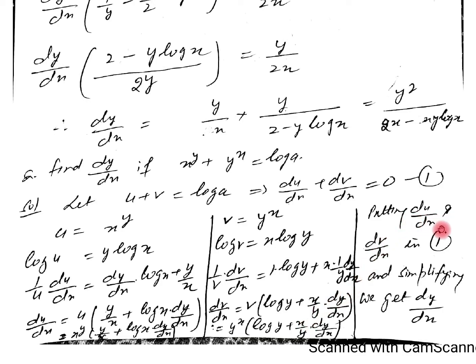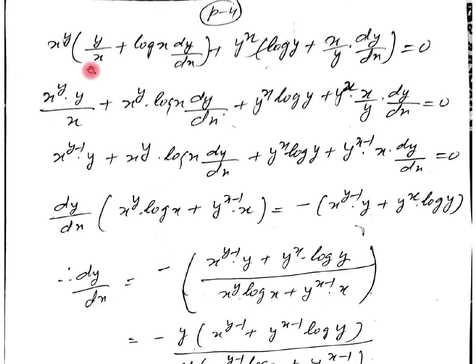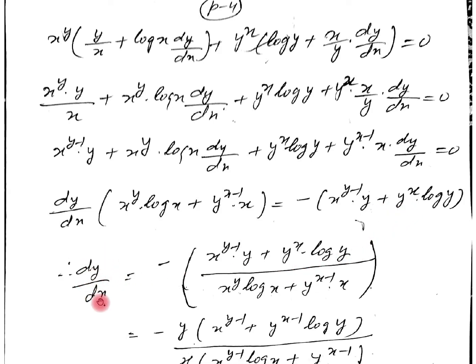Putting them in the first equation and simplifying, opening the bracket and collecting the like terms, because we have to find dy by dx. Collecting the terms of dy by dx on the left hand side and transferring the other terms to the right hand side, then simplifying, dy by dx equal to this upon this.